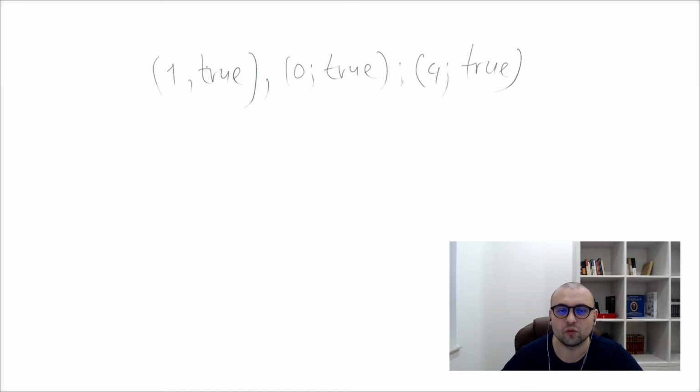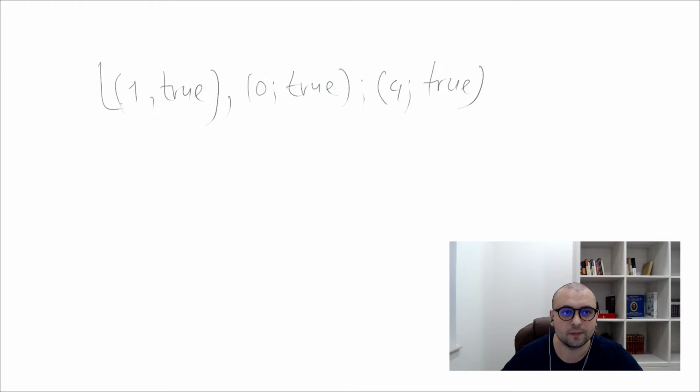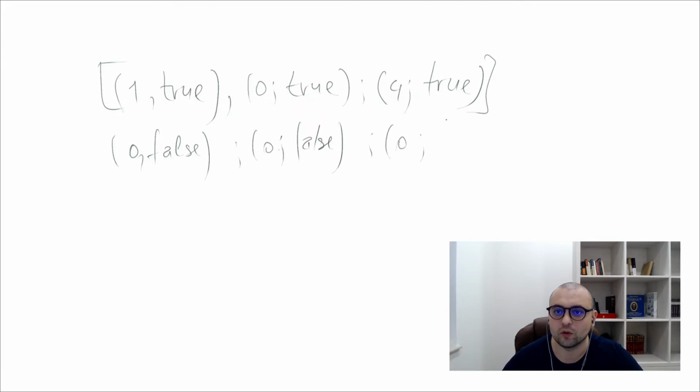So this will be the solution on the right side for the first block, but the solution on the left side will be 0 false, 0 false, and 0 false. So these are the solutions for the first block.